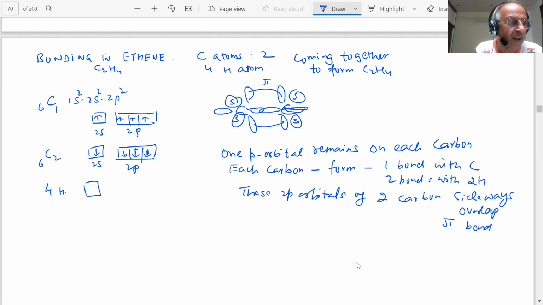So when I say ethene, students, we show it like this: one sigma, one pi, and this is my carbon. You have hydrogen, and you have hydrogen. We are showing by dash lines the bonds which are going away from us.